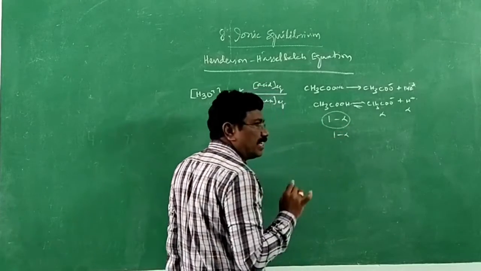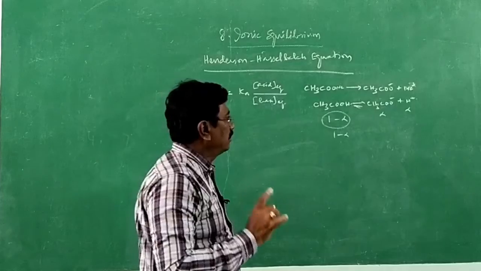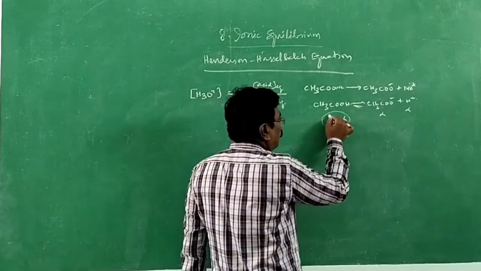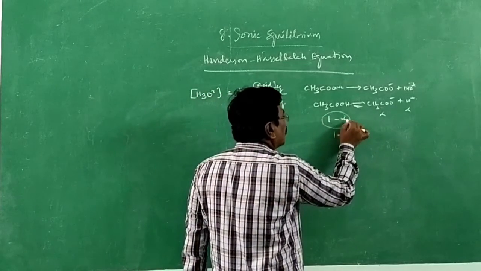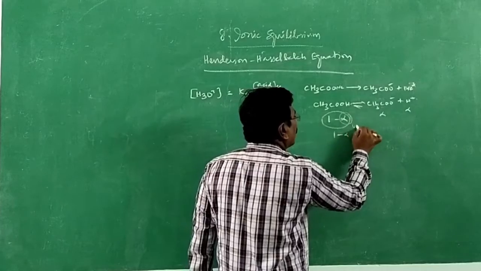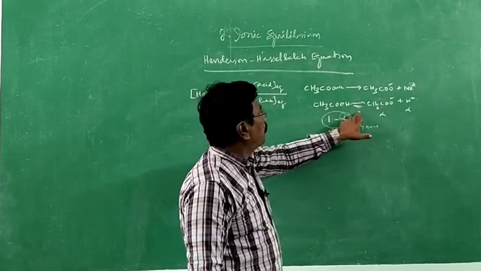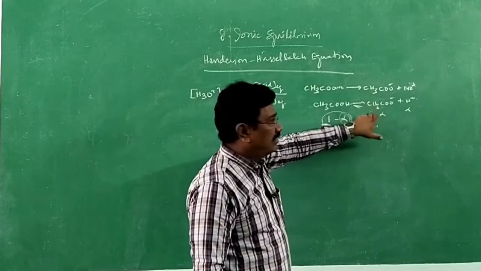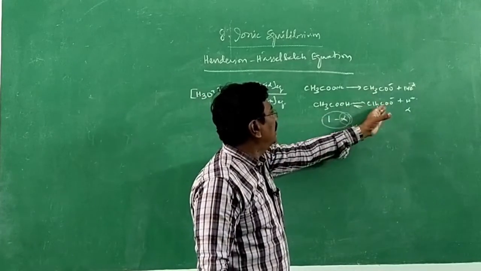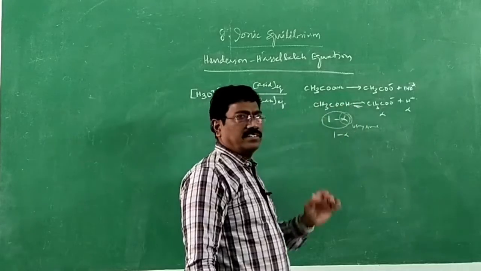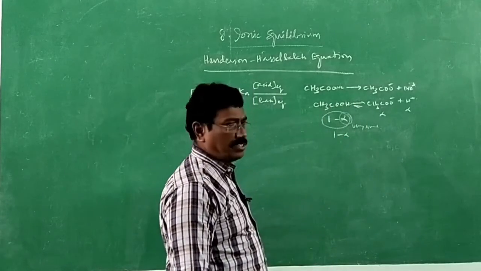But here we are making an assumption. What is it? Out of 1 mole, alpha mole gets ionized. The alpha is very, very small. Moreover, the ionization is suppressed by common ion effect. Because of the availability of common ion, the equilibrium will be shifted in the backward direction. Therefore, ionization is still suppressed.